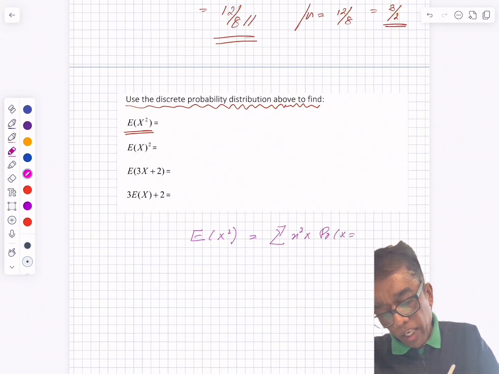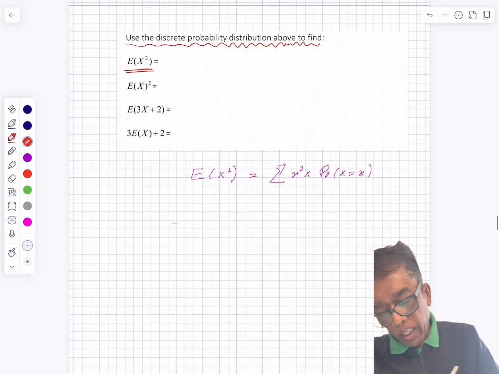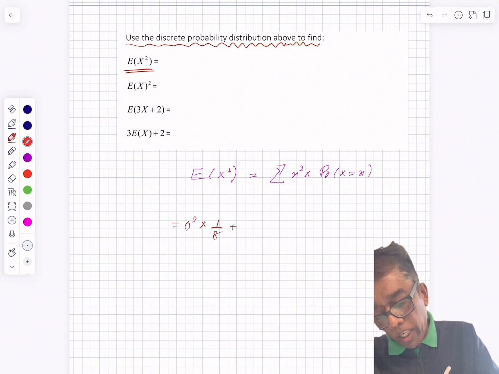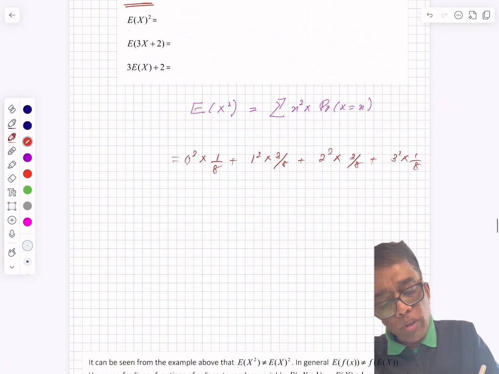The first value is 0: 0 squared times 1 over 8, plus 1 squared times 3 over 8, plus 2 squared times 3 over 8, plus 3 squared times 1 over 8.